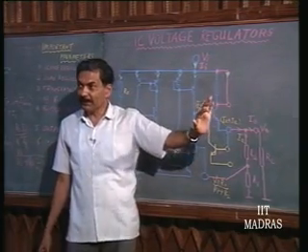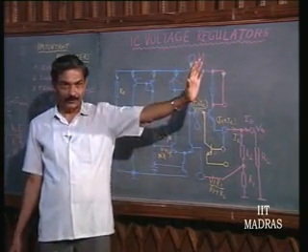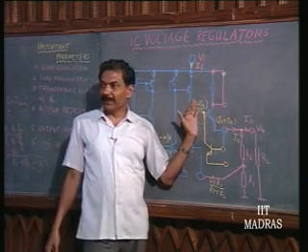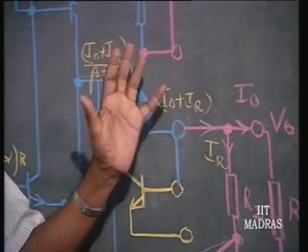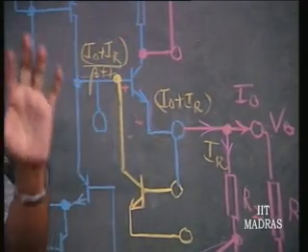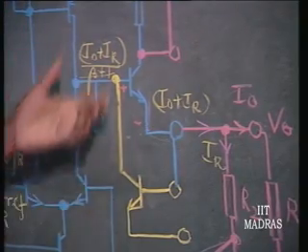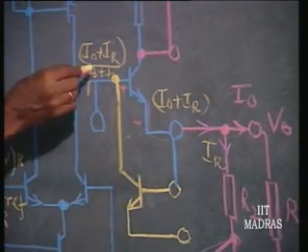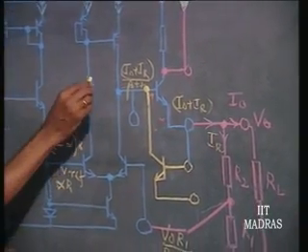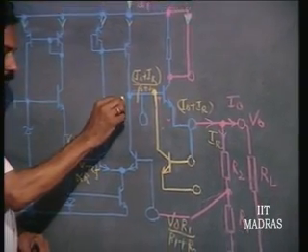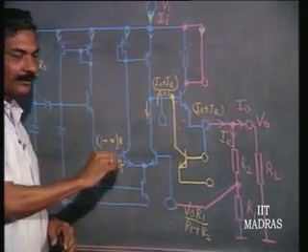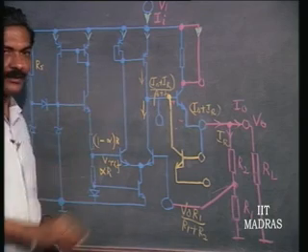So, betas need not be very high for those. If you are putting a Darlington pair, do not take effective beta as beta 1, beta squared or beta cubed or something. It will be beta 1 into beta 2 into beta 3. So, this is the base current that is given, and therefore this current is going into this, and this is a current source current going.